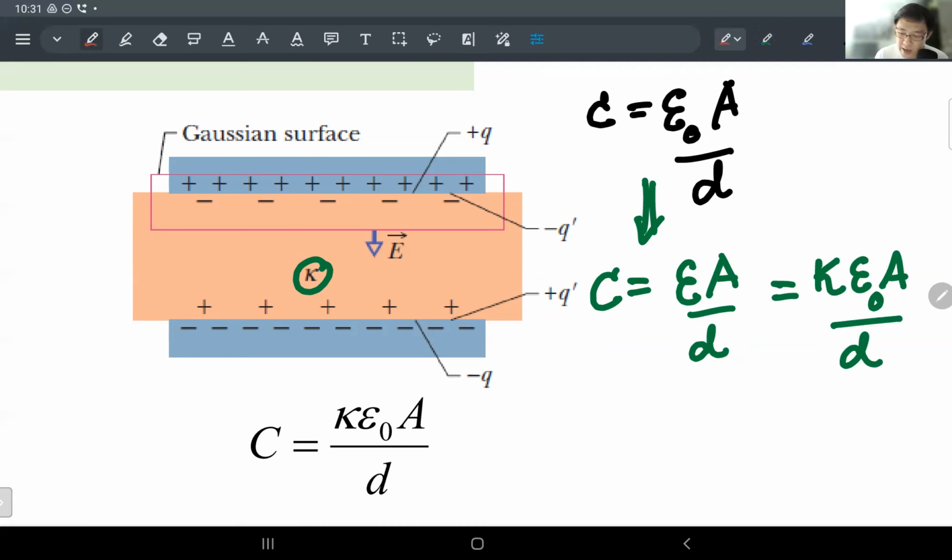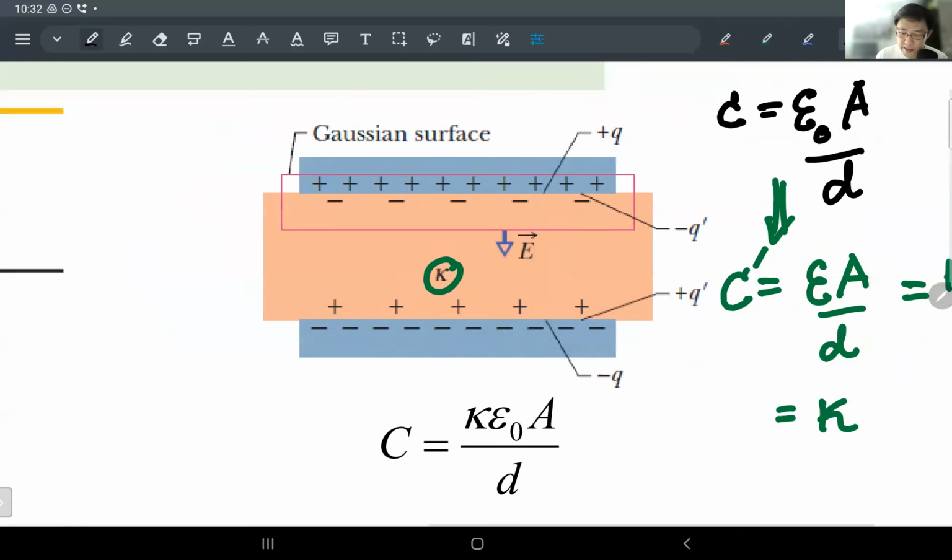And you recognize that, okay, then this is your original C with the vacuum. So I can call this C prime, that's a new one. And you can call that regular C, which is the air-filled capacitor. So what you get at the end is just kappa times the original C. Does that make sense?